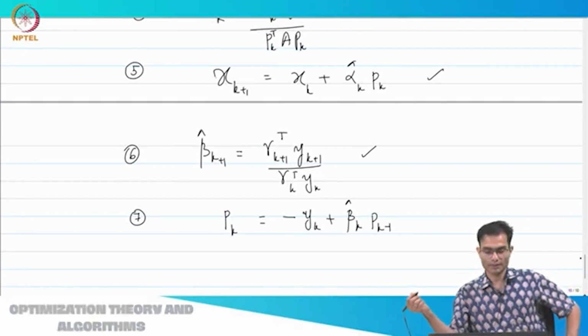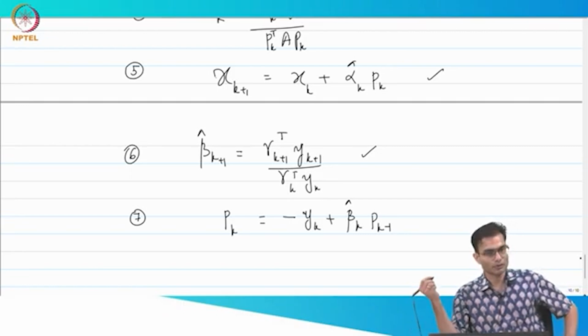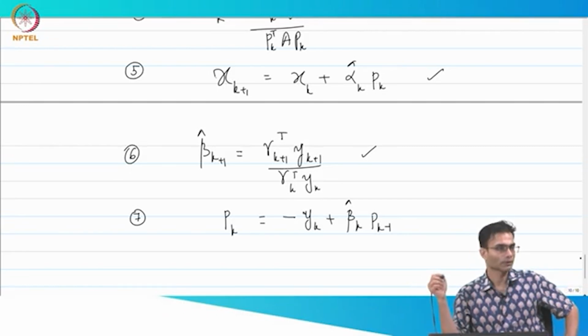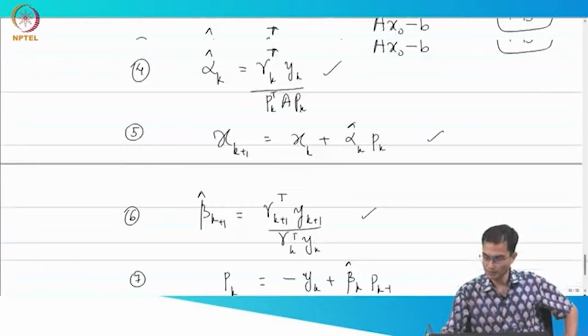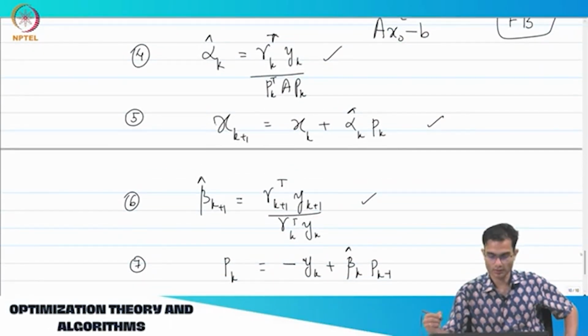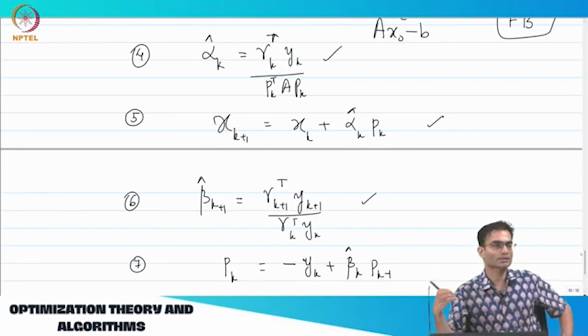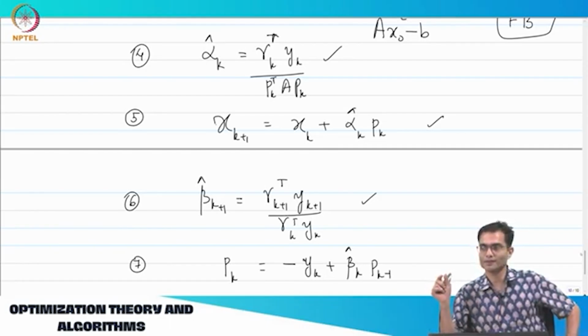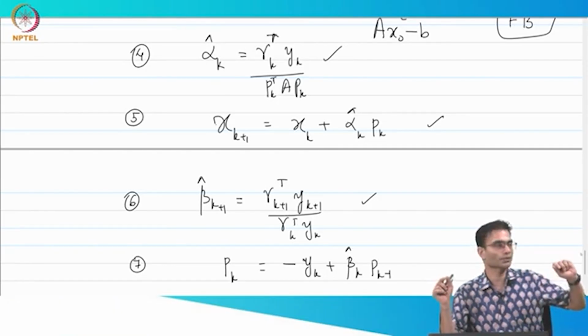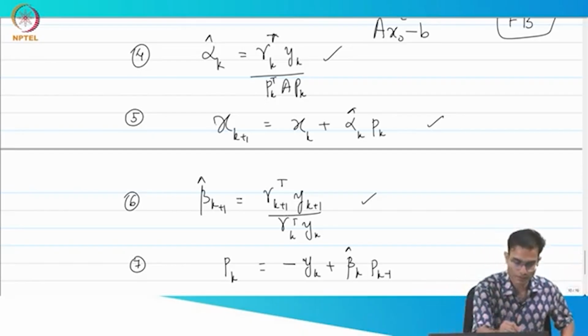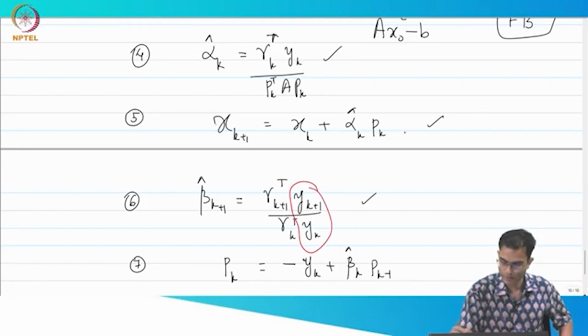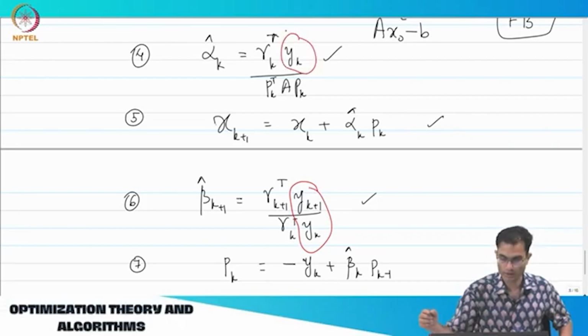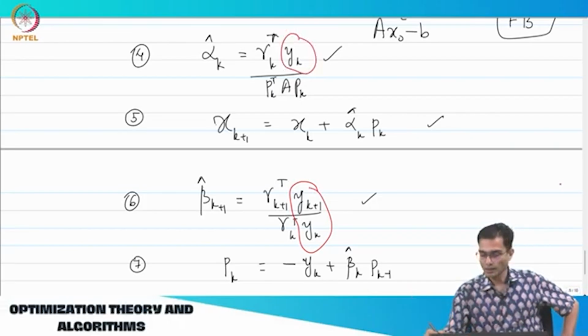I know my betas, I know my y's, I know my previous p's, I can go to the next p, right? So basically, if you look at what we have done so far, my earlier CG routine needed minimum modifications. In some places, I just had to substitute, write this y character in two places.